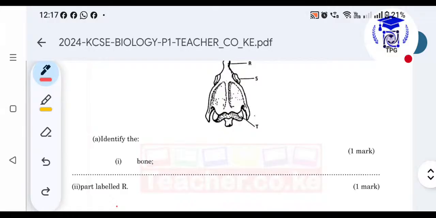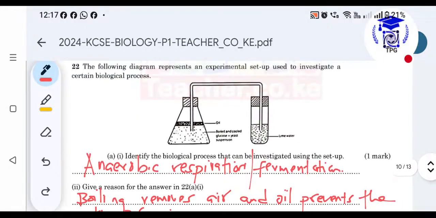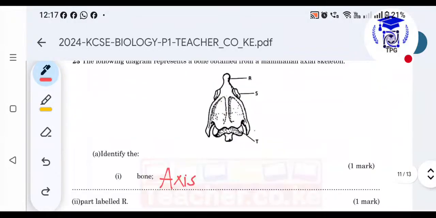So an axis is a bone within the cervical vertebrae, and how do you know it is an axis? The reason why it is an axis is because of the structure R, which we call the odontoid process.